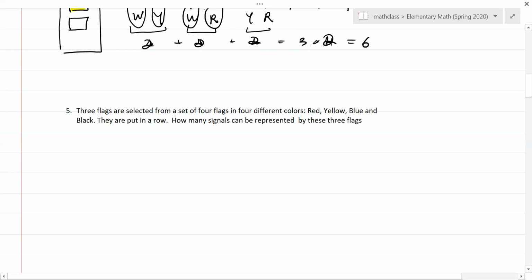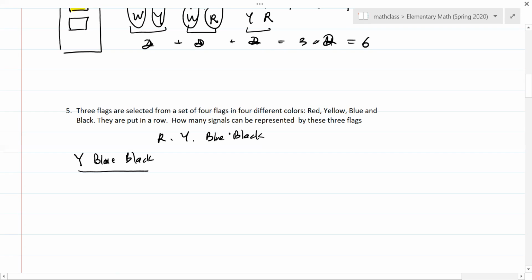Okay, so you can eliminate a flag. We have red, yellow, blue, black. So it depends. If we eliminate the first one, red, then you have yellow, blue, black. Okay, those flags.